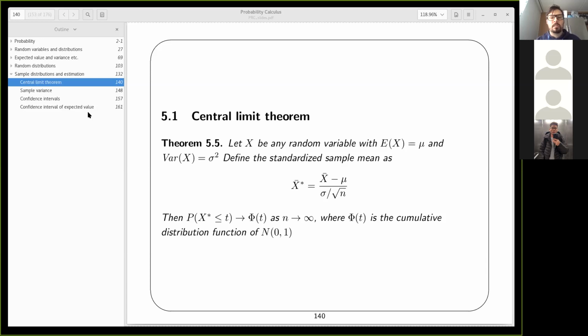Mu is a constant, so it doesn't have a variance, so it becomes n over S squared times the variance of the sample mean, which is S squared over n.